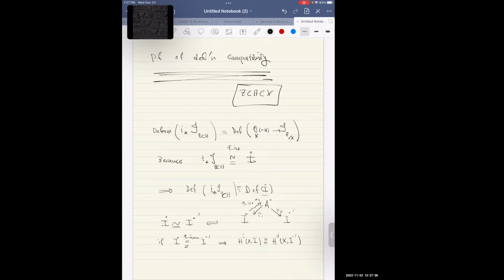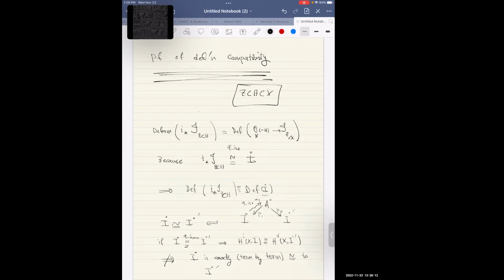But that does not imply that I dot is exactly, meaning term by term, isomorphic to I dot prime. It could be that I dot prime is 20 terms long and I dot is 3 terms long, and then at the level of cohomologies they are all isomorphic to each other, but they are not the same object. So why is this important?